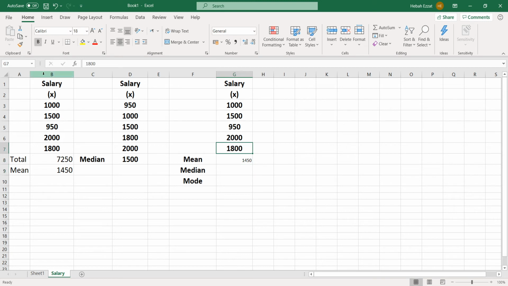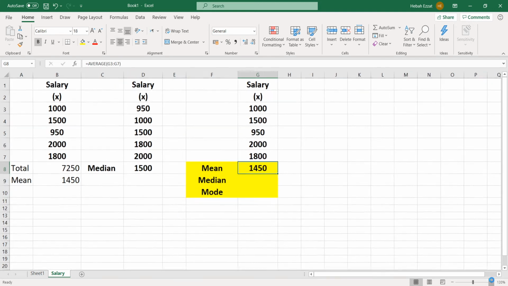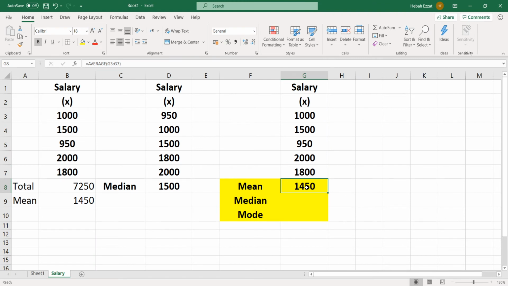That's it. Very simple. It's already calculated. So the mean can be calculated by just writing equal average, selecting the whole set inside the brackets, and it gives me the mean.